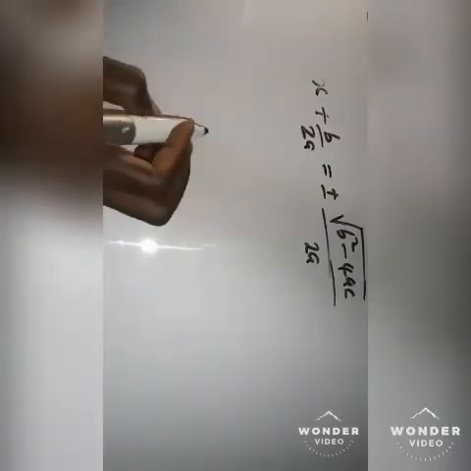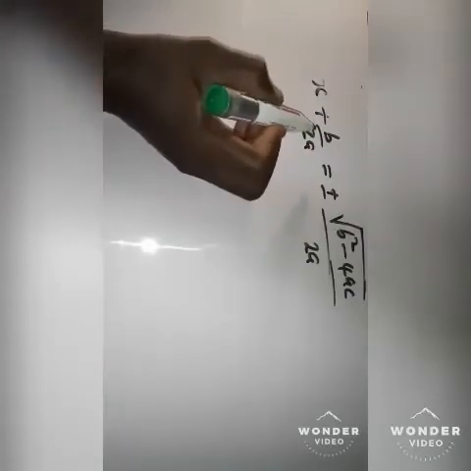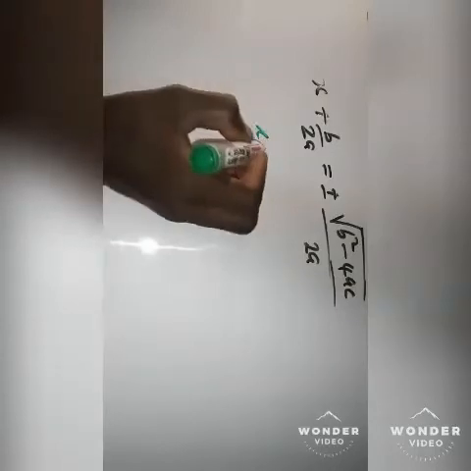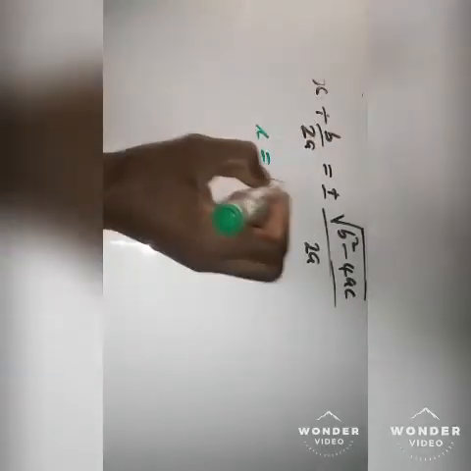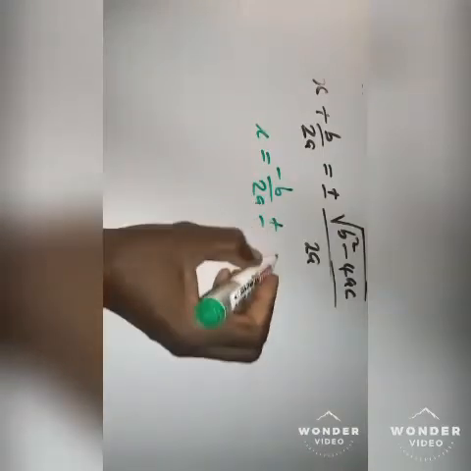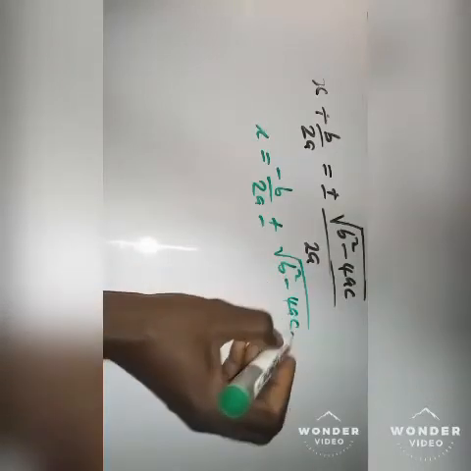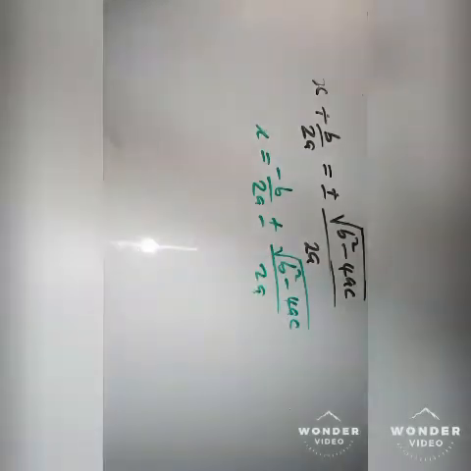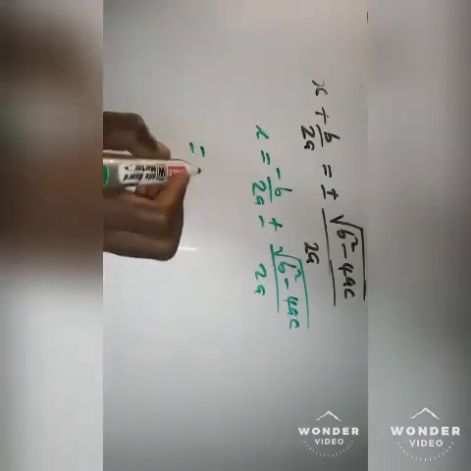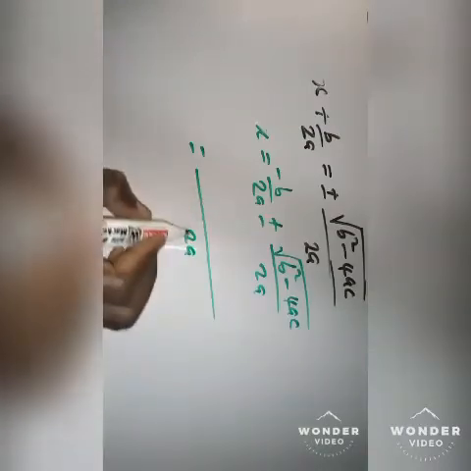So to make x stand alone, to make x the subject, we now move b all over 2a to the right hand side. So x is now equals to minus b all over 2a plus or minus square root of b squared minus 4ac all over 2a. So taking the common LCM here is 2a. So I got all over 2a.